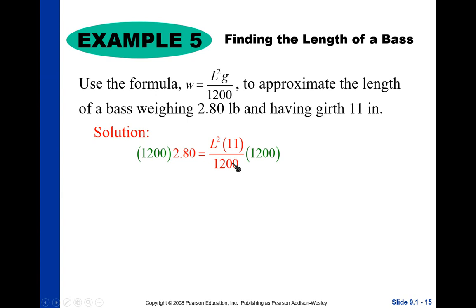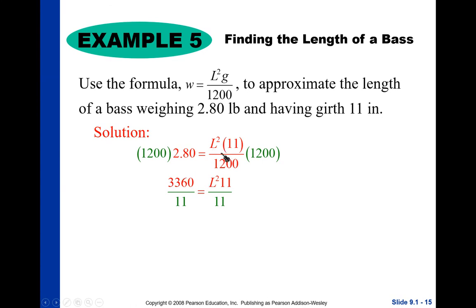Para matanggal natin yung denominator na 1,200, divide natin yung both sides by 1,200. Then pag sinimplify natin yan, cancel na ito. Ang matitira na lang po ay 2.80 times 1,200, ang lalabas ay 3,360.